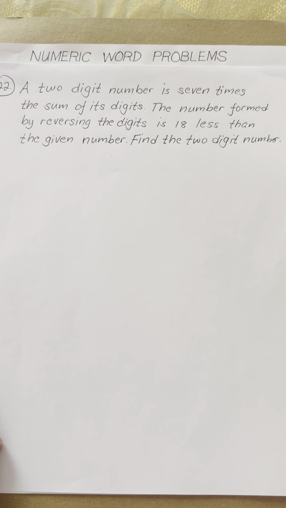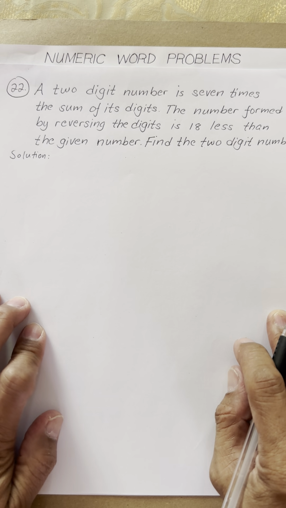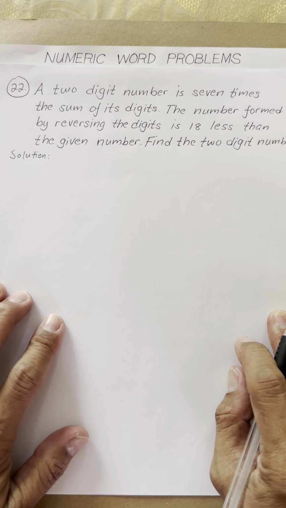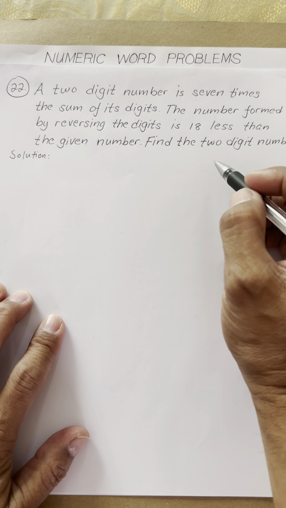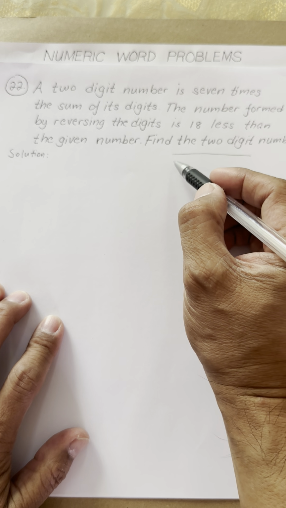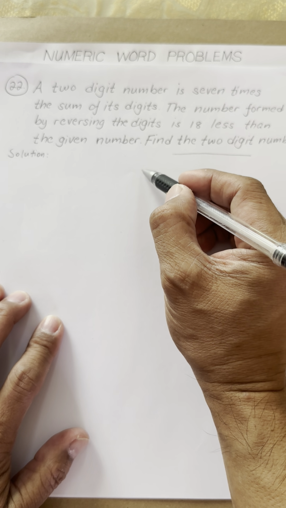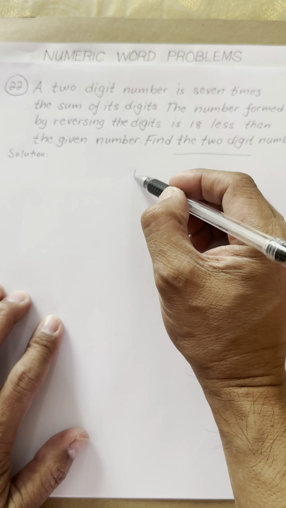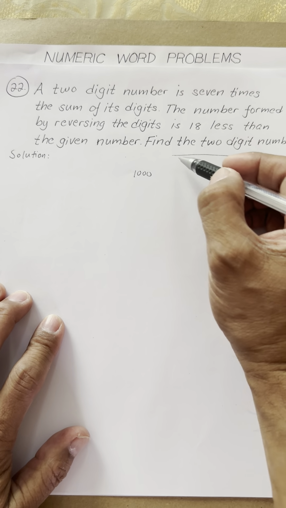So again, in this problem, we need to make use of the concept of the placeholder number. I will discuss this before we solve this problem. So if you have, for example, a number 1,000.